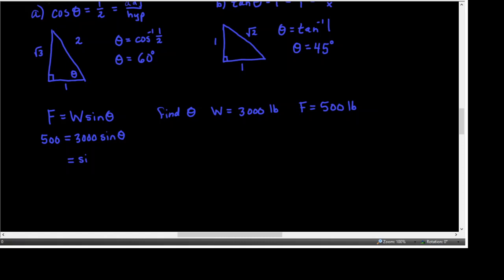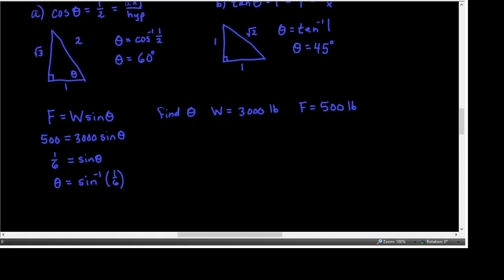And of course, that involves dividing both sides by 3,000. And that simplifies to be 1/6. Okay? So, using what we've been talking about, 1/6 is not one of our special answers. So, I'm going to have to pick up my calculator, and theta will be found using sine inverse of 1/6.